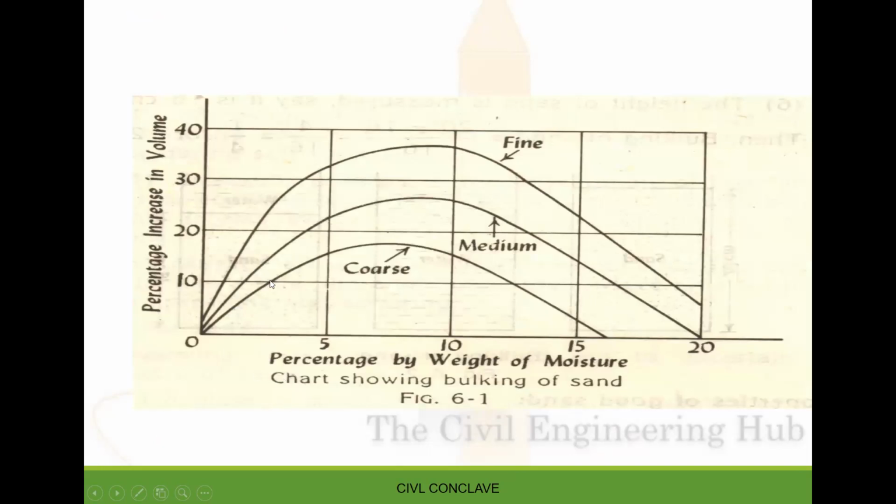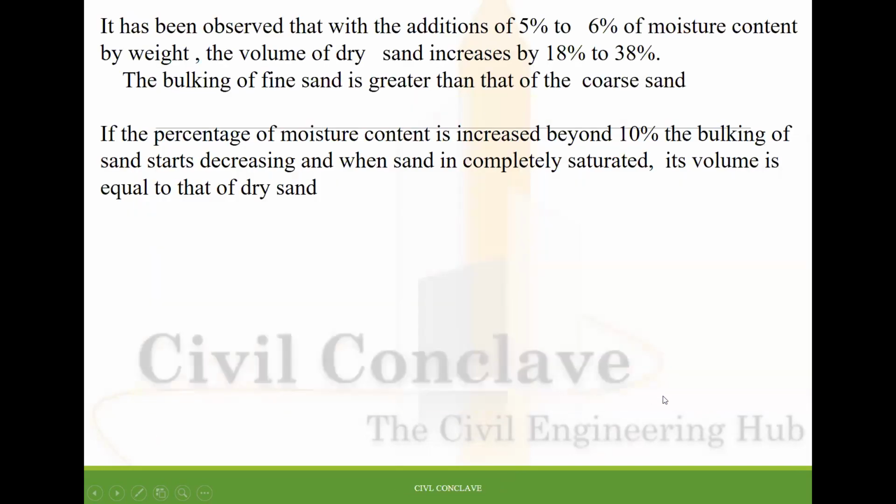See, this is the calculation of the graph which is being shown. The percentage increase in volume is on the x-axis, and percentage by weight of moisture is on the y-axis. It is noted that with the addition of 5 to 6% moisture content by weight, the volume of the dry sand increases by 18 to 38%.